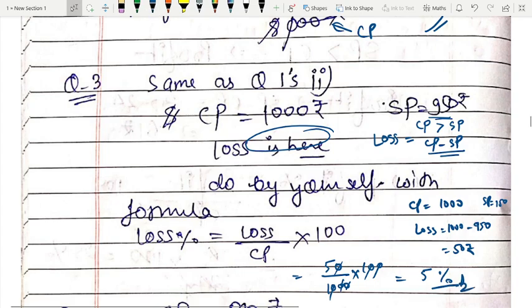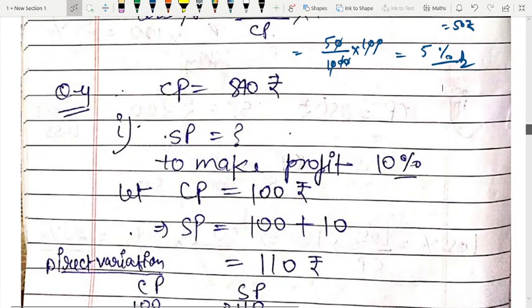Okay, so now let's move to the next question, question number 4. Just see very carefully in your book. Question number 4 says a shopkeeper bought a fan for 840 rupees. Bought means the cost price is 840 rupees.